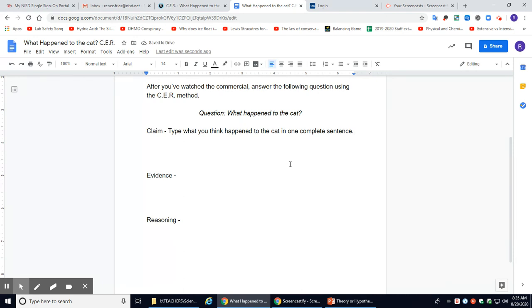Okay? And then give evidence to support your claim. And then reasoning. Explain how your evidence supports your claim. Okay, very simple, very straightforward, claim evidence reasoning.